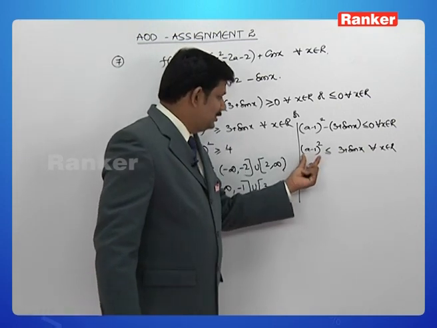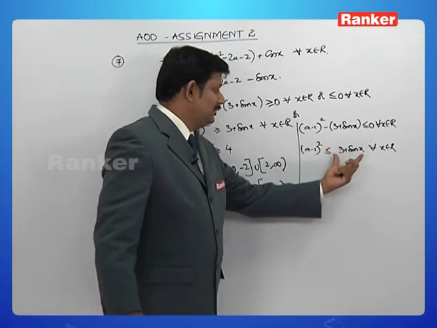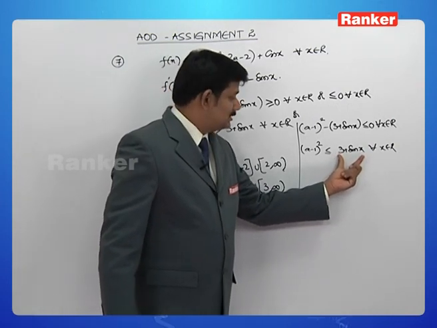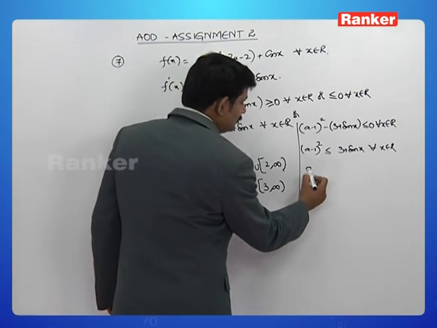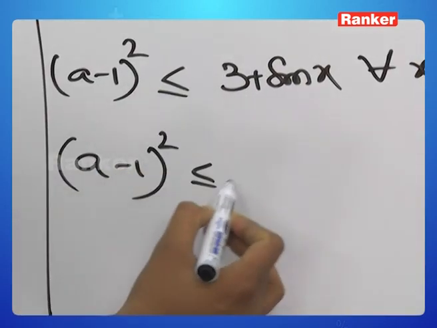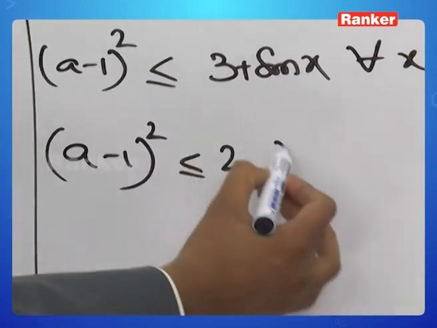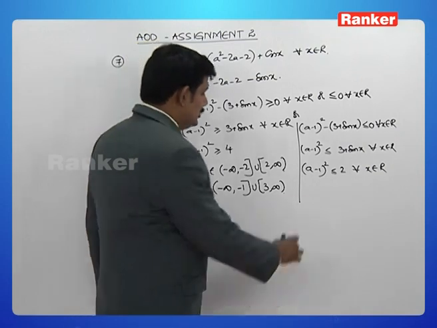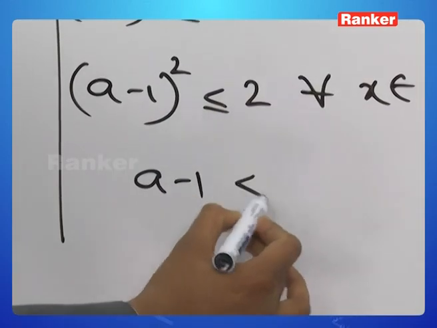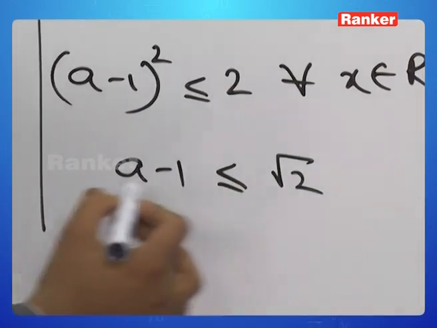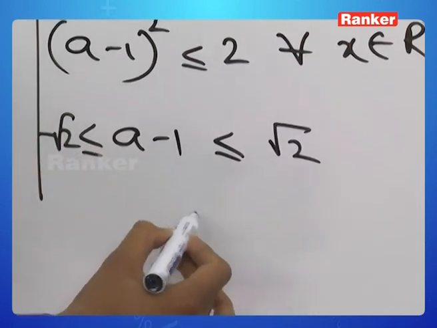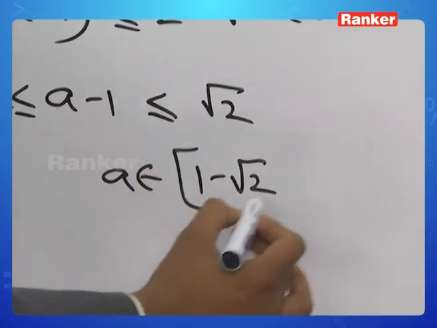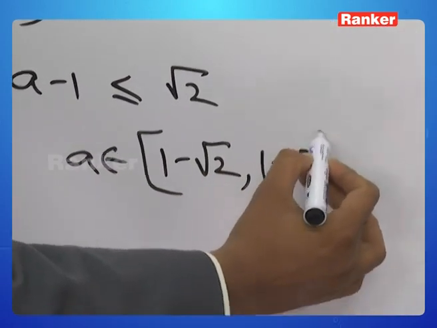That is, a minus 1 whole square should even be smaller than the least value of this function, and least value of this is 2. Sin x least value is minus 1, 3 minus 1 is 2. So, a minus 1 whole square should be less than or equal to 2 for all x belonging to R. So, a minus 1 should belong to minus root 2 to plus root 2, or a should belong to 1 minus root 2 closed interval to 1 plus root 2.